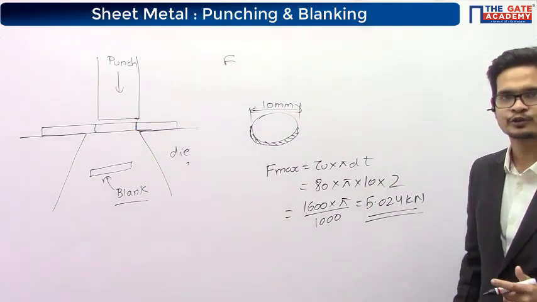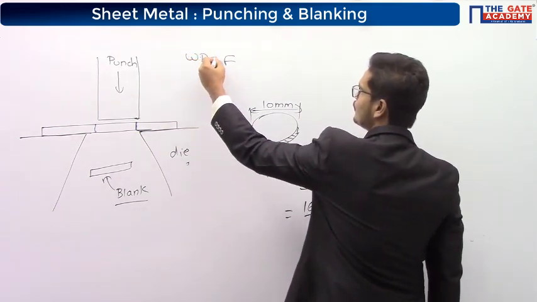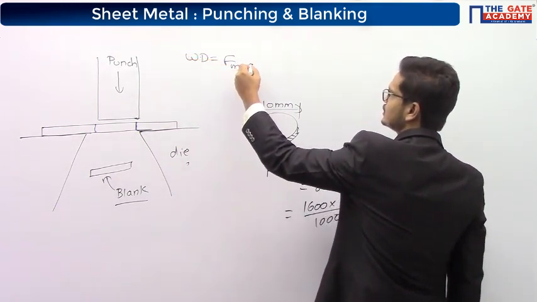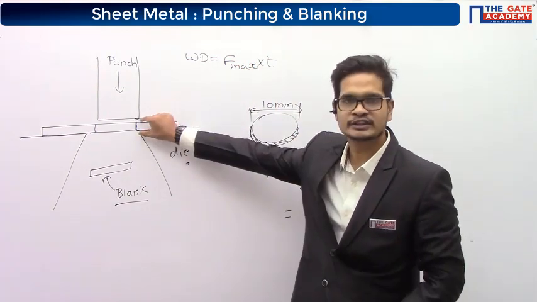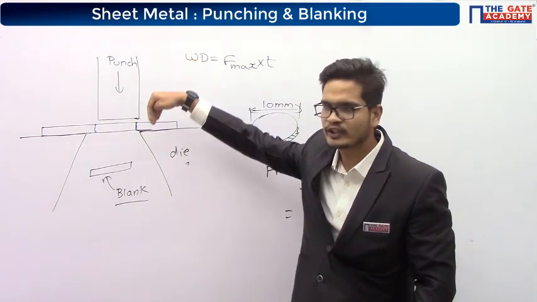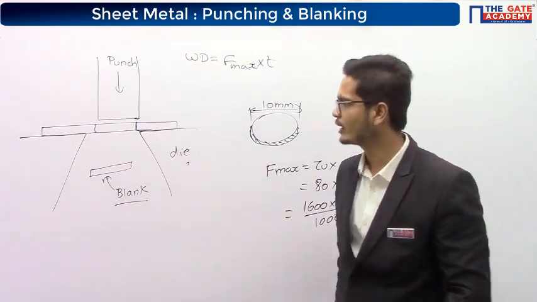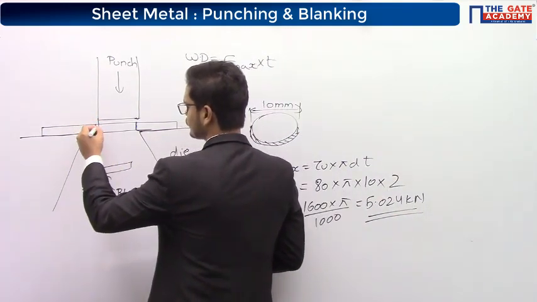Now many times students think work done will simply be equal to F max into thickness, because thickness is the length of the hole that we are making. So the punch will have to move the entire length, but it is not like that. What happens is, the punch enters only a certain portion of the hole.